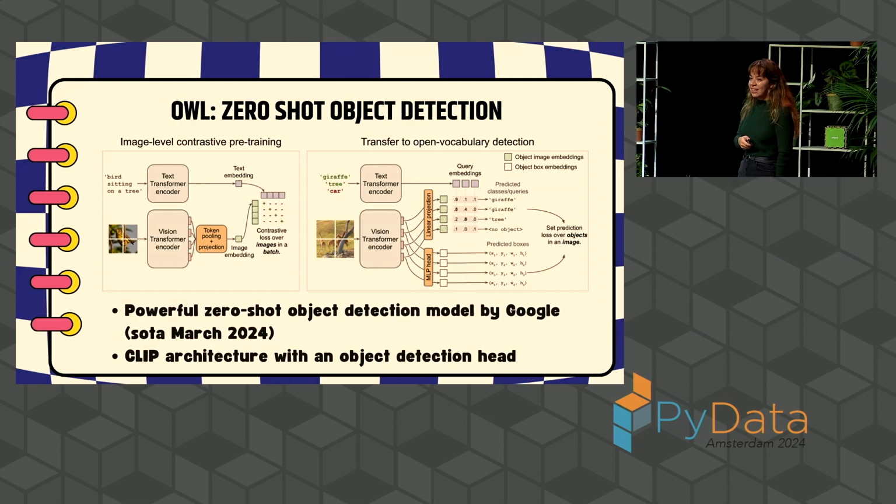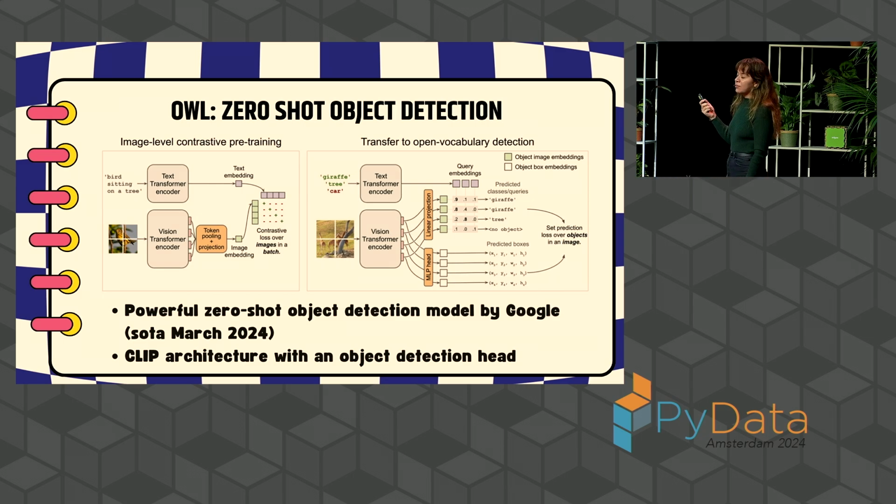Another model that I have previously mentioned is the OWL model by Google, which is a bit like CLIP again, but trained for object detection, like bounding boxes are matched with the most similar captions in the image.